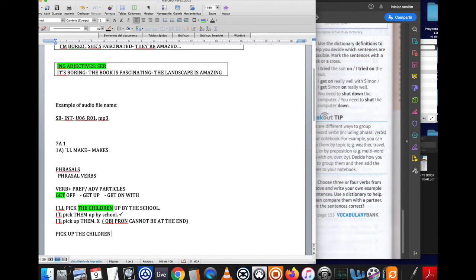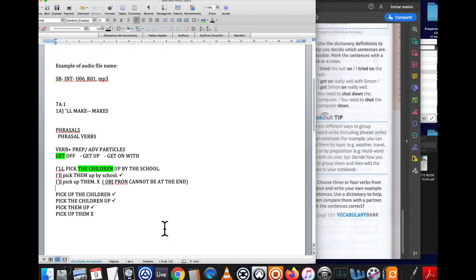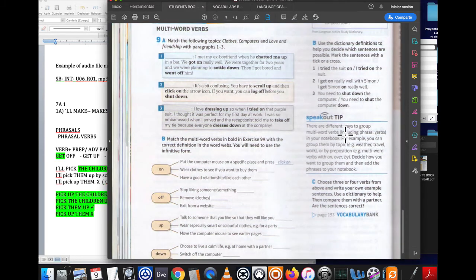It's okay. Pick the children up is okay. Pick them up is okay. Pick up them is wrong. Okay, can you see this? Okay, study this and then you will realize and you will be able to understand these mechanics.